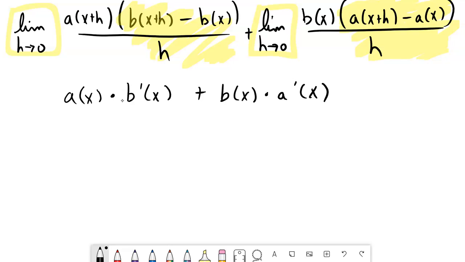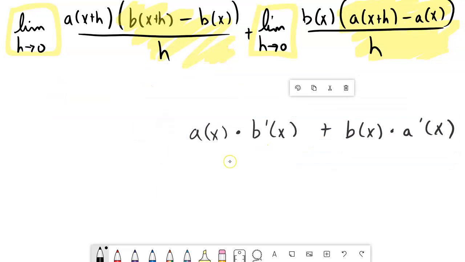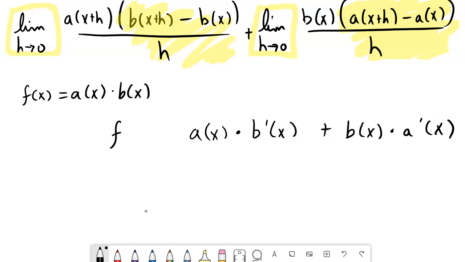And there it is. Let me move it over here. This is what it is. So in summary, given that f of x is equal to a of x times b of x, the derivative of f with respect to x is this. This is the formula.